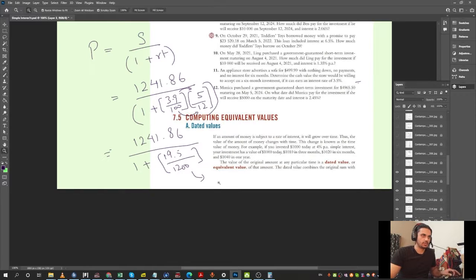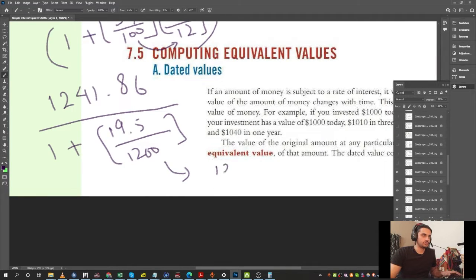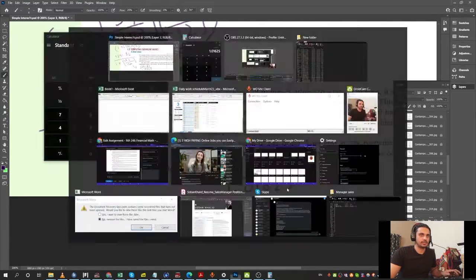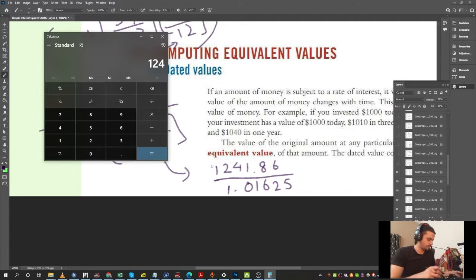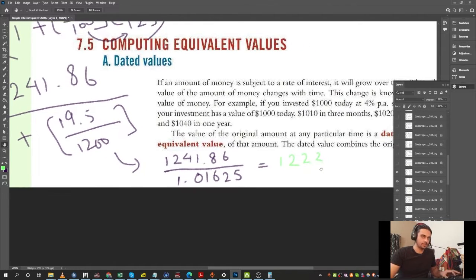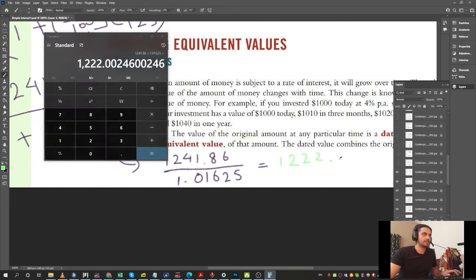Well, you get 1.01625. And so what we do now is 1241.86 divided by 1.01625, and boom, you get 1222.00.